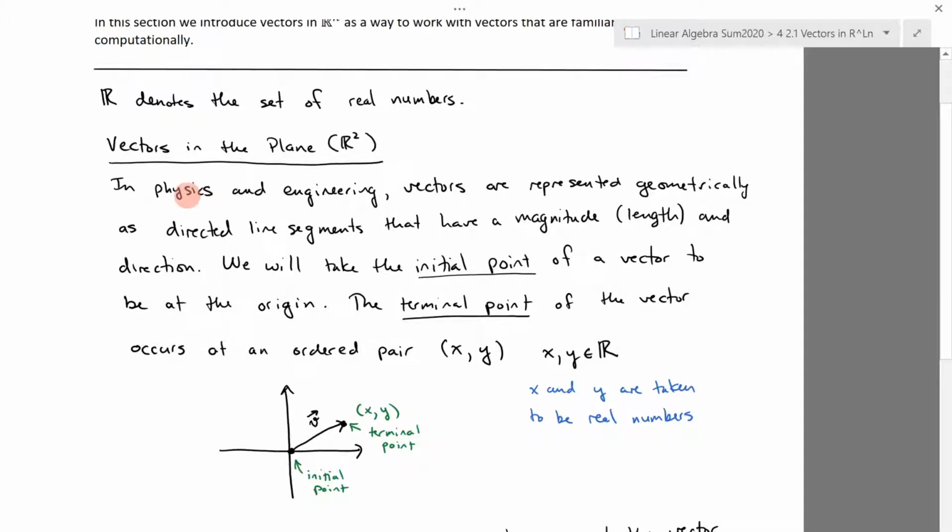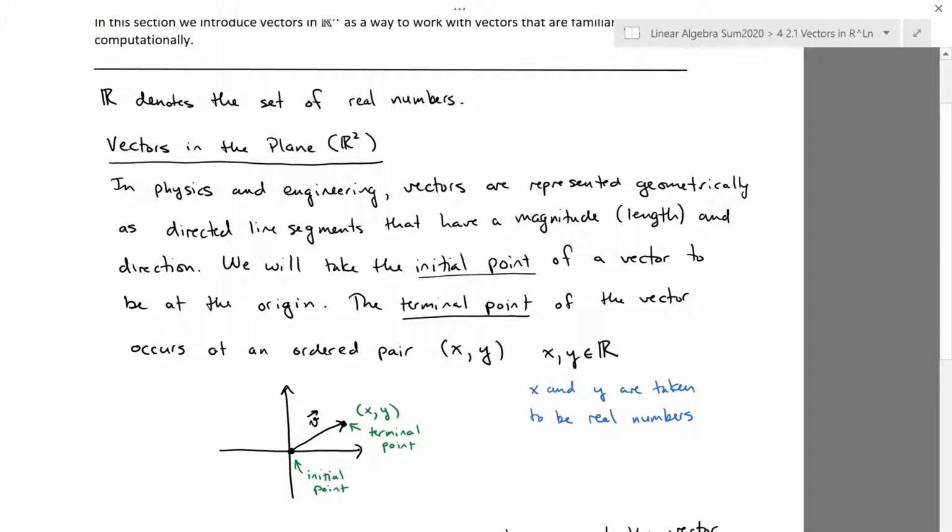Typically in physics or engineering, when you introduce vectors, they're represented geometrically as directed line segments that have a magnitude, which represents the length of the vector, and a direction. A geometric vector looks something like an arrow pointing in the direction of the vector, and how long the vector is gives the magnitude.